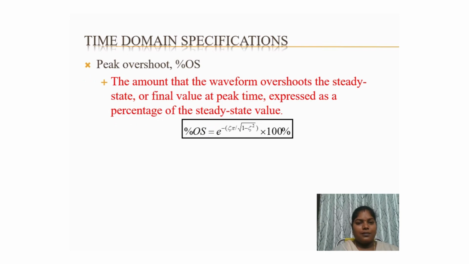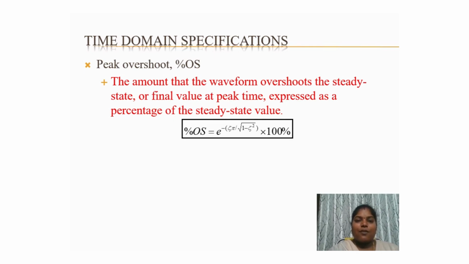The last one is peak overshoot. The peak overshoot is defined as the ratio of maximum value to the final value. Here, the maximum value is calculated from the final value. The maximum or peak overshoot is denoted as percent MP or percent OS.